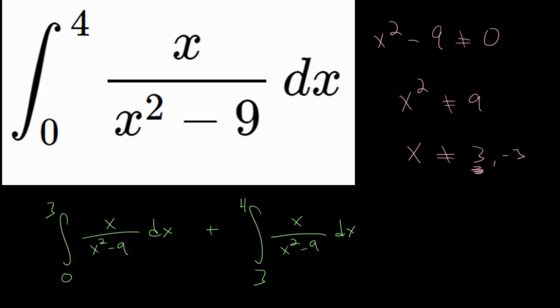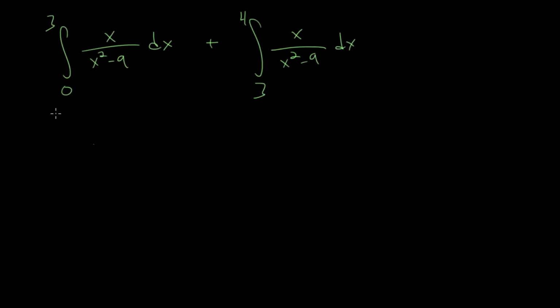So let me make a little bit of room so that we can keep working. We can take a limit, and we'll need to define some variables here. But let's say as a approaches 3 from the left-hand side, we'll be taking one-sided limits here of the integral of 0 to a now of x over x squared minus 9 dx.